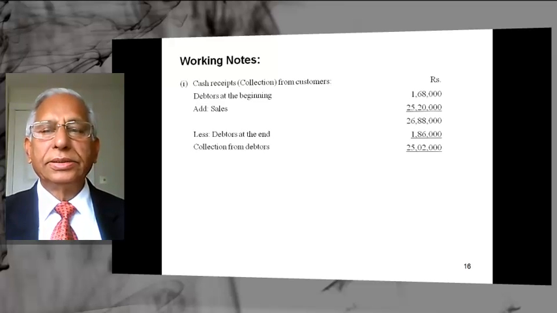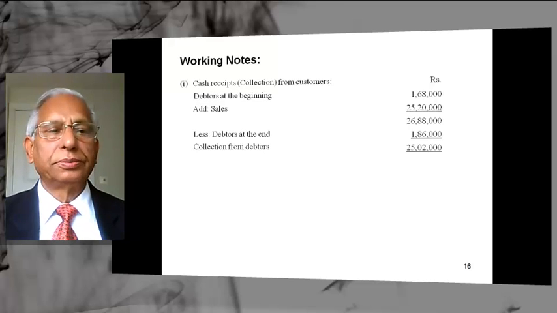To that we added sales, in the beginning plus what we sold comes to 26 lakh 88,000 rupees. From this we deducted debtors at the end, 1 lakh 86,000 given in the illustration. Now what we have collected from debtors during the period comes to 25 lakh 2,000 rupees. So this is working note 1.